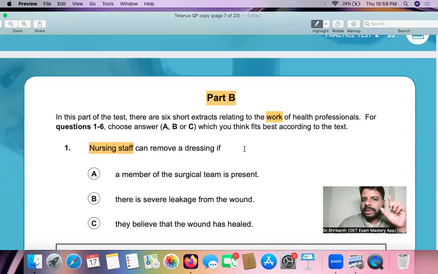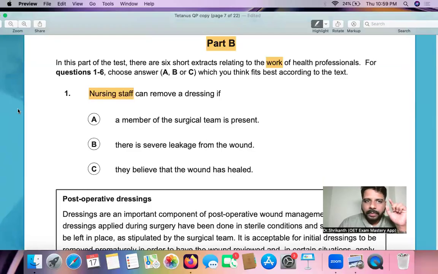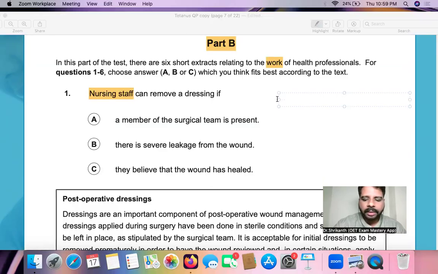Okay, in reading part B, there will be 6 questions, right? And then in reading part C, there will be extract 1, with 8 questions. And then we have extract 2, C2, where we also have 8 questions.